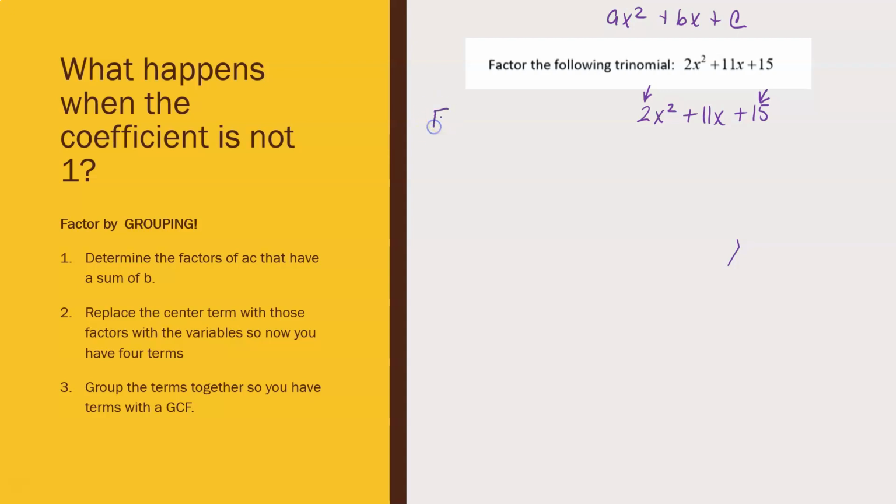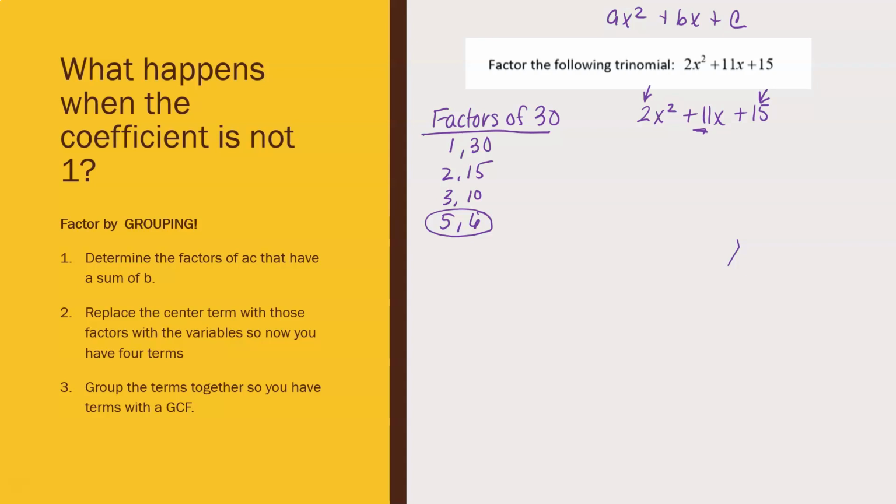So we are going to find factors of 30. I'm just going to list a bunch, and we'll go back and look. Well, there's 1 and 30, 2 and 15, 3 and 10, 5 and 6. So we're going to look through these and find 2 factors that together equal B, or the center term. In this case, it's 5 and 6.